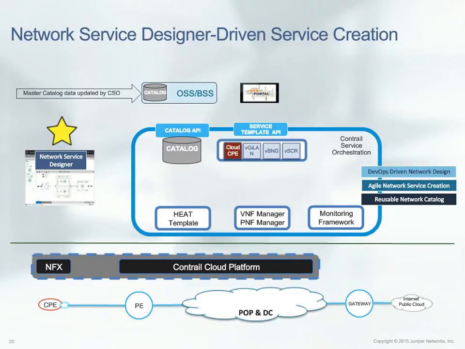The first is that network service designer in terms of service creation, the step 1 that I showed you. And this is really where we start to build up that catalog of capabilities in the service provider's marketplace. But again, key principles of this is that it should be DevOps driven. There should be an agile development process to this. And there should be a reusable catalog of services to deploy across the distributed cloud domain.